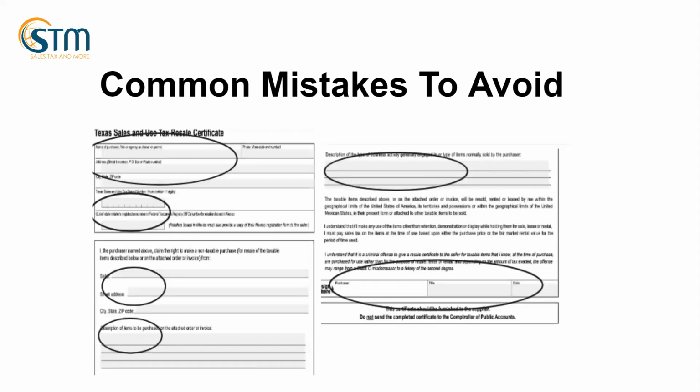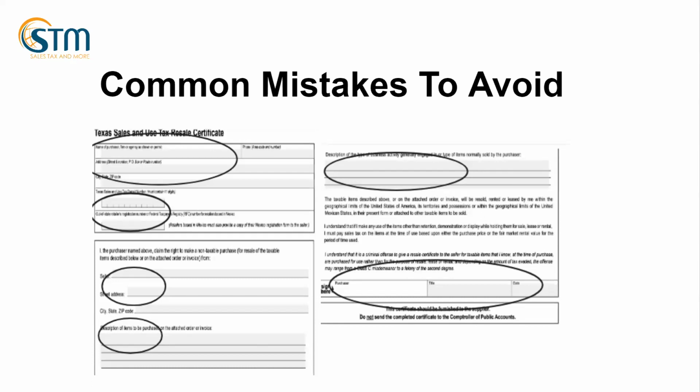So this is a Texas certificate, and they're generally not completely filled out, which is one of the big reasons why it's being kicked. In the upper left-hand corner, that circle is the purchaser's name and address and all that information. Right below that, it's the Texas sales tax number.